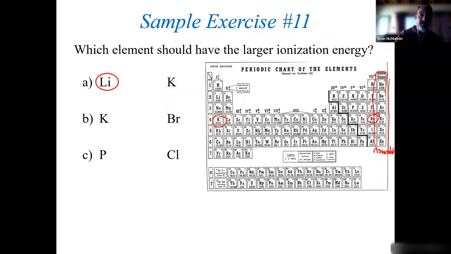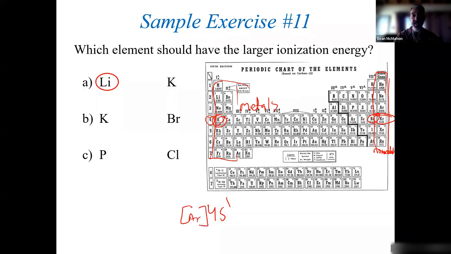Where metals are really far on the left, they're far away from getting a noble gas configuration, and it's a lot easier to remove an electron from a metal. In fact, potassium is a 4s1, because it's in the 4th energy level in the s block, and that's its valence shell, and I could say argon.